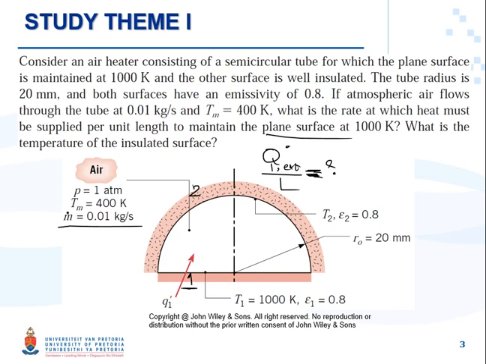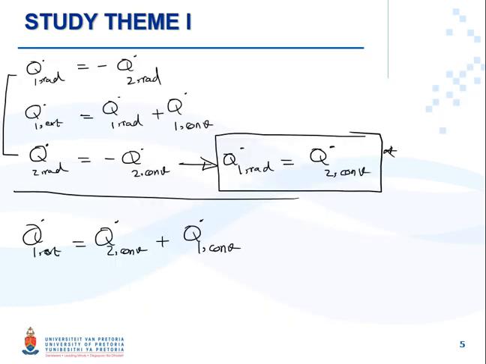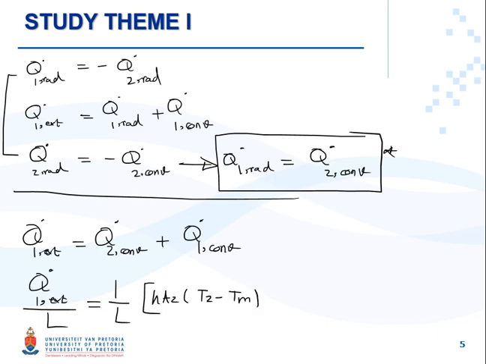Okay, so we have it here. Convection, very easy. q dot 1 ext divided by L is equal to 1 divided by L times the convection terms, so H A2 (T2 minus Tm) plus H A1 (T1 minus Tm). What is A1?